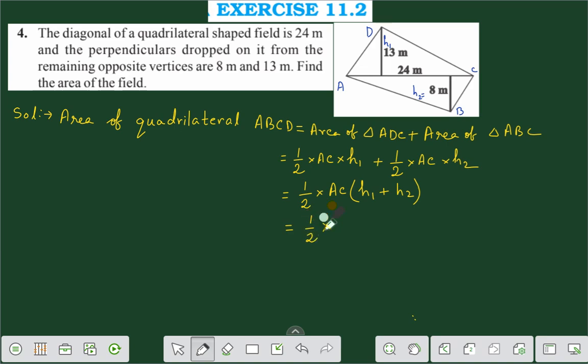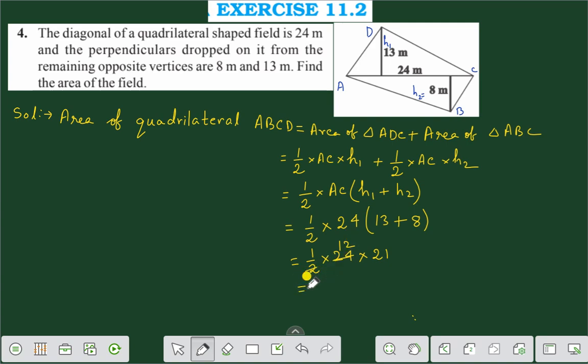We find the AC, value of AC is 24 meter. That is 24 into H1. H1 is 13 meter plus H2 is 8 meter. Therefore, we are getting 1 by 2 into 24 into 13 plus 8, 21. 2 into 12 is 24.